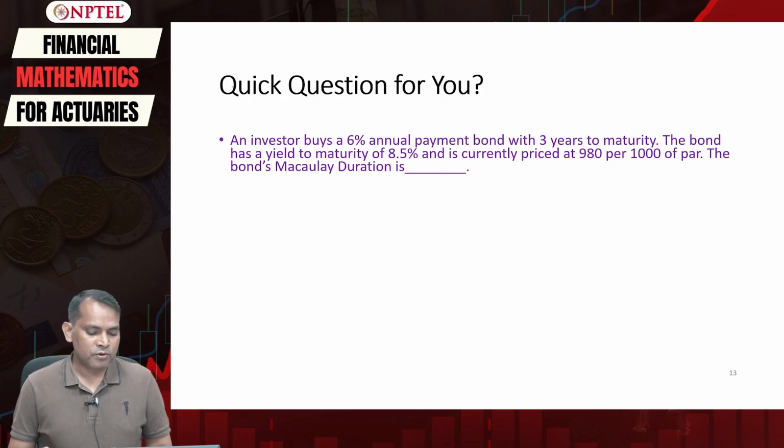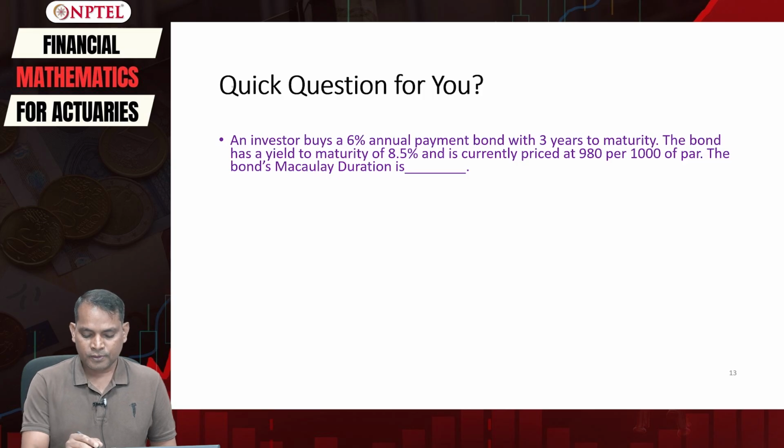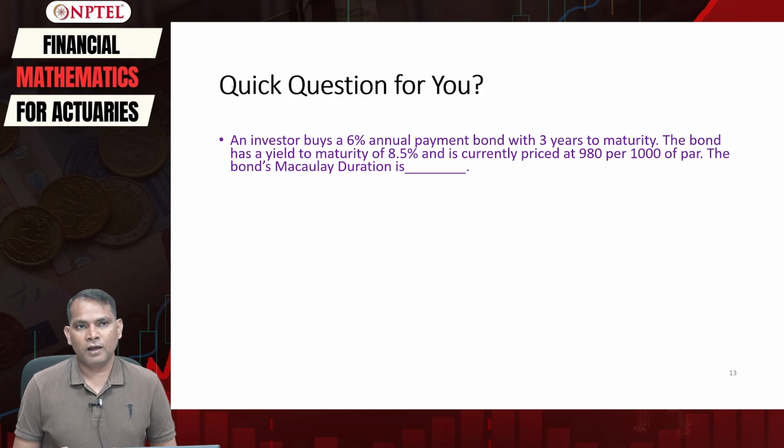The bond's Macaulay duration therefore can be computed, and you need to compute it. So use the formula the way we have just developed and try to answer this question. Take 2 minutes right now and do this on your own.